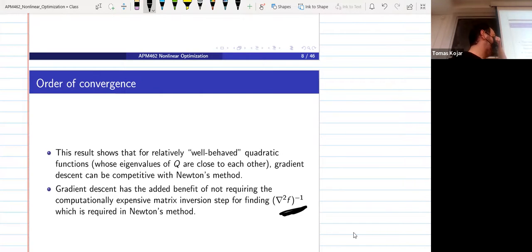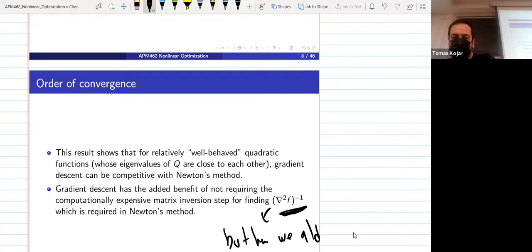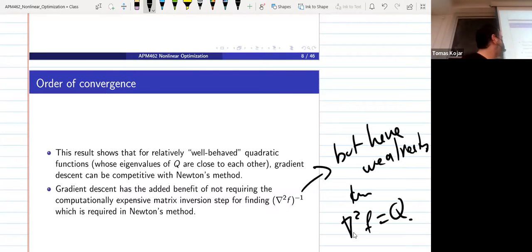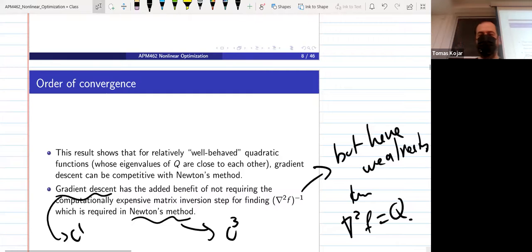Here, you don't have to compute the Hessian. We already know that the Hessian of this guy is Q. So don't take this too much to heart, but it is true: for gradient descent, you don't need C2. So let me remind you once again, this guy requires C3, this guy requires C1.